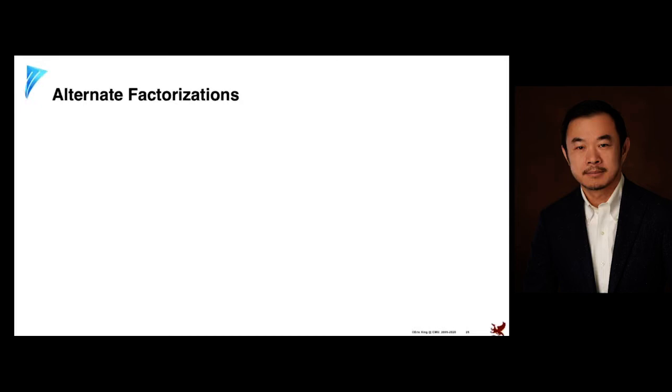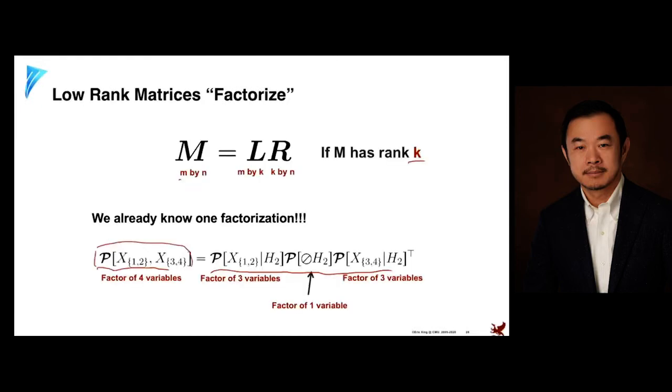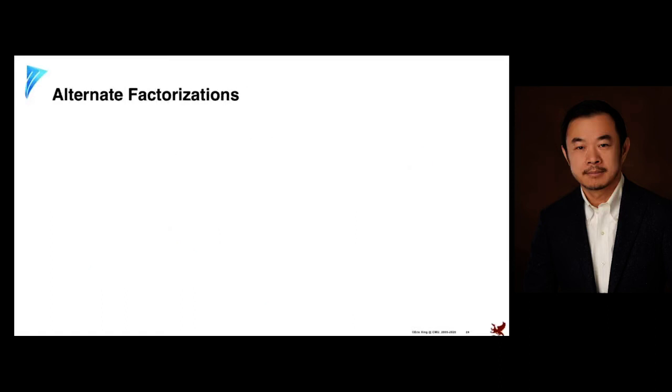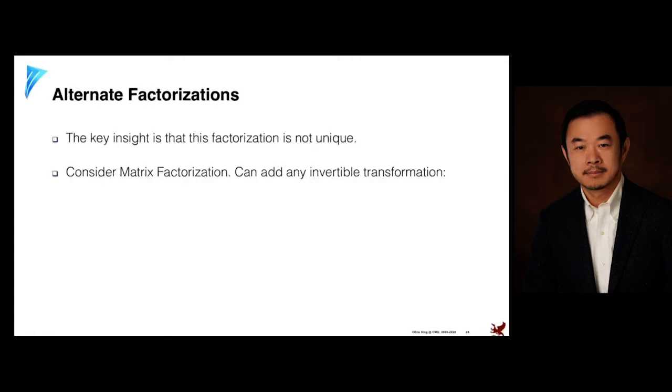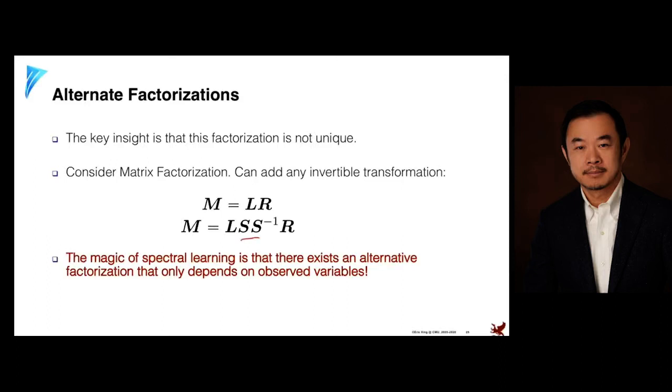Now, if you play with linear algebra, often you know that every matrix does not have just one factorization. In fact, there are arbitrarily many ways of factorizing a matrix. It is not unique. For example, given this one, you can always introduce an invertible transformation S in the middle, and then that gives you this and that, right?